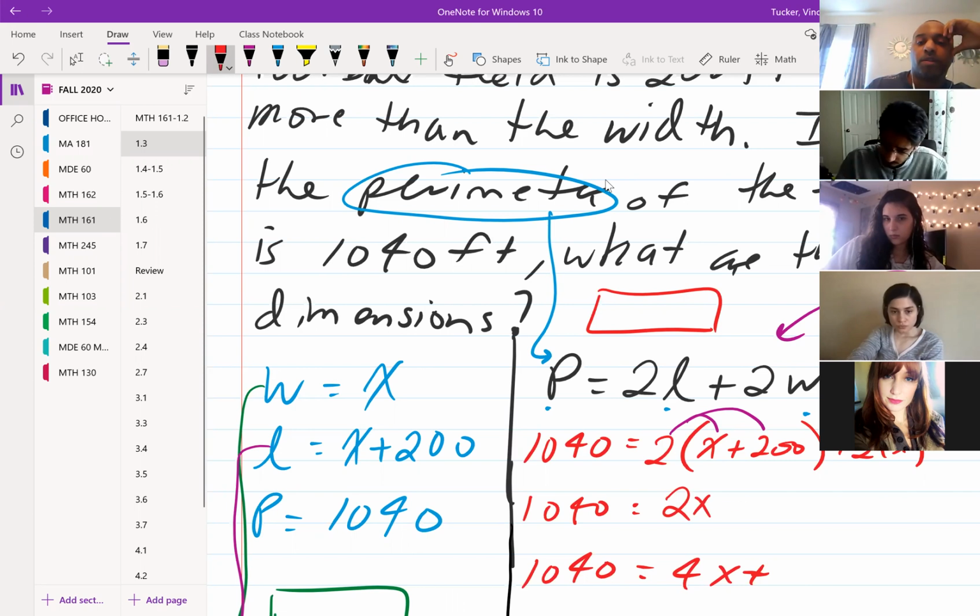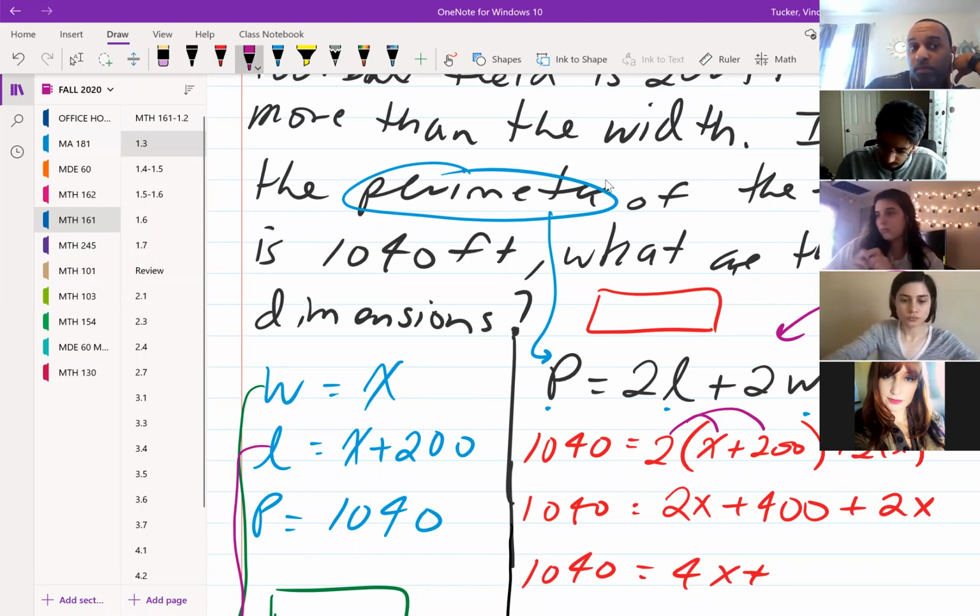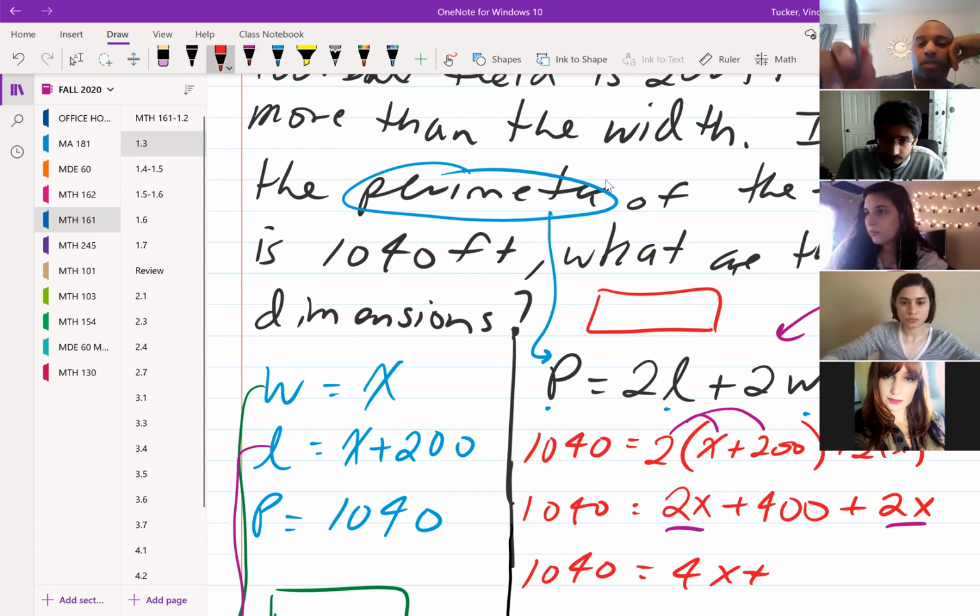So that's 2X plus 400 plus 2X. Combine your like terms. 2X plus 2X is 4X. And that 400 should still be there.